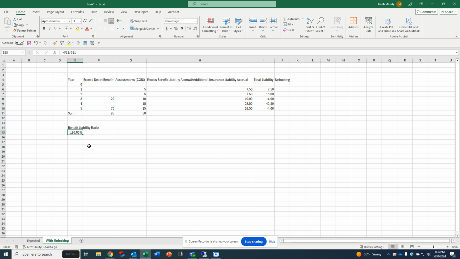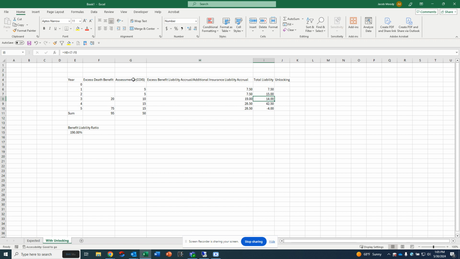So you get a new benefit liability ratio. And now I have 190%. And that is where you get to here. So you have your 190% times your COIs, and plus we need to do some unlocking. I'll talk about that here shortly. And so you get to your benefit liability ratio, and now this is your established AL.